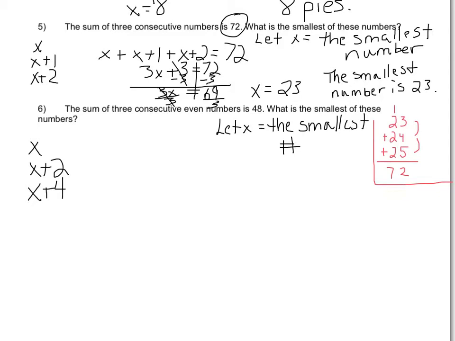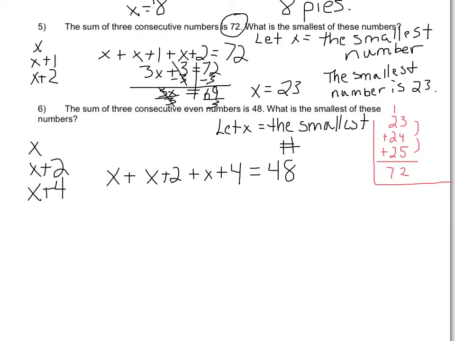So we're going to add those 3 terms together. x, x plus 2, x plus 4. So we write it x plus 2 plus x plus 4. If we add all of those together, we'll end up with, from our problem, 48.